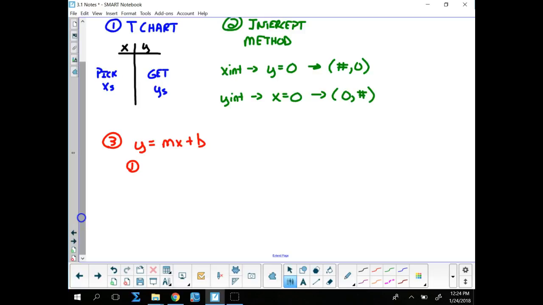But what's the starting point? Which is? B is a number. Well, that too. In this case, it'd be a number. So I'd plot the point 0 comma b.